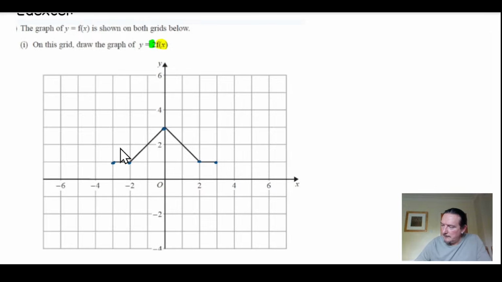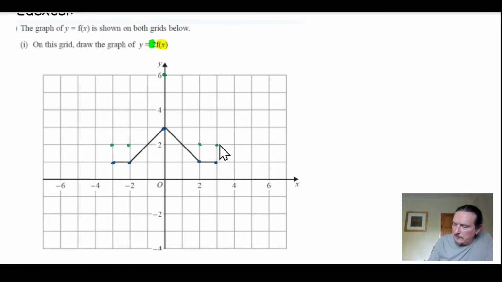This point is 1 unit away, it's going to go 2 units away. This one is 1 unit away, it's going to go 2 units away. This one is 3 units away, it's going to go 6 units away. This one is 1 unit away, it's going to go 2 units away. This one is 1 away, it's going to go 2 units away.